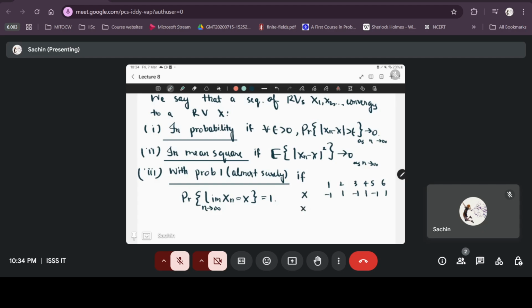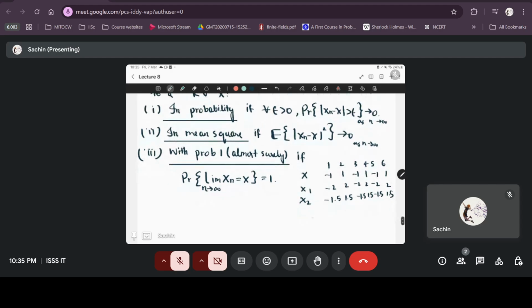Then x1, suppose it's minus 2, 2, minus 2, 2, minus 2, 2. x2 is minus 1.5, 1.5, minus 1.5, 1.5, minus 1.5, 1.5. x3 is minus 1.1, 1.1, minus 1.1, and so on.